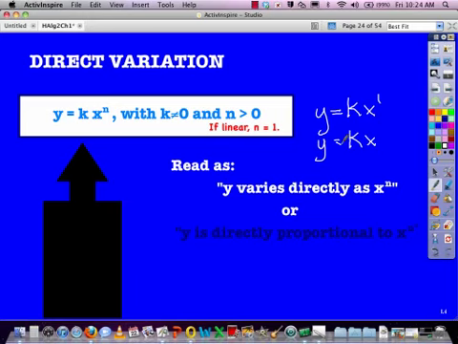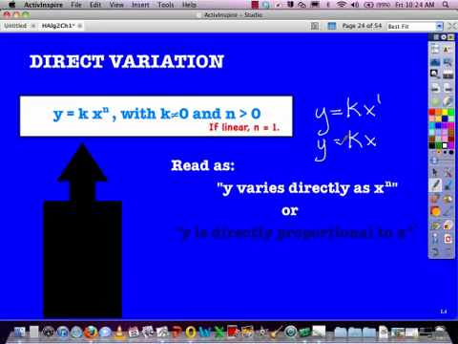We read it as variables and numbers, symbols only, and that would be just like I have, y equals kx. If we want to read it for meaning and put the English behind it, we would say y varies directly as x to the first in this case, or y is directly proportional to x to the first.